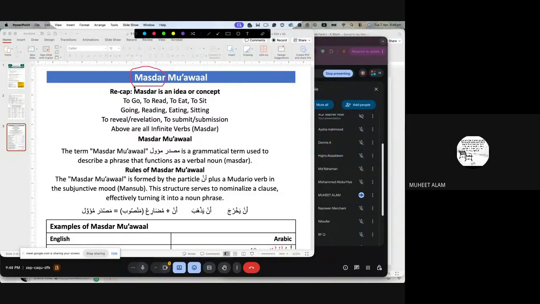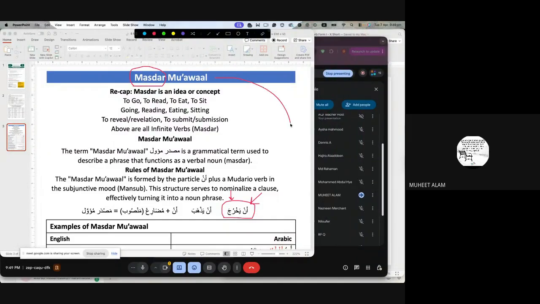A masdar is just a word, as we saw that kitābatun is just one word. But the masdar muawwal is a phrase which combines some specific letters and words, and then it becomes a masdar muawwal. What is the pattern of masdar muawwal?